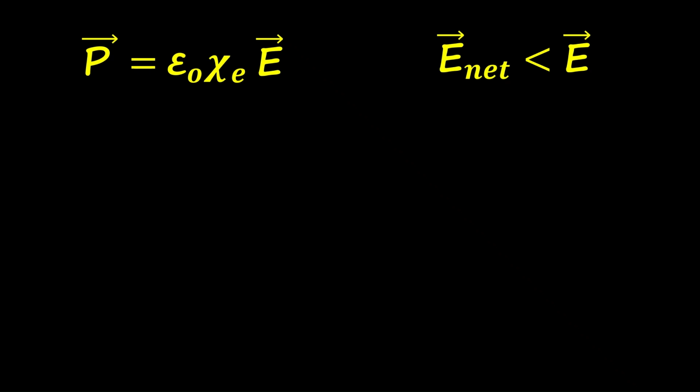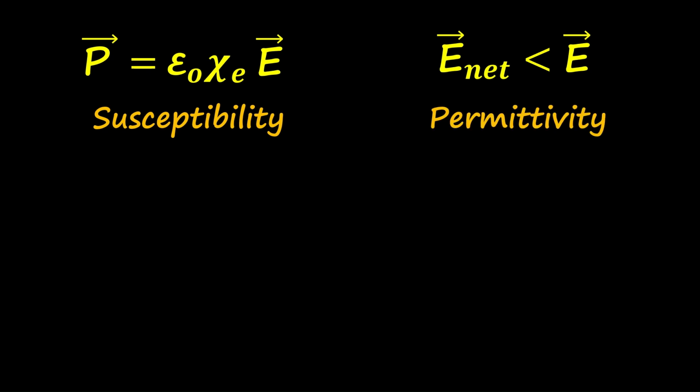One is the generation of a net dipole moment due to the external electric field, and the other one is the reduction of the net electric field inside the dielectric medium. So using these two concepts, let us now define what is susceptibility and what is permittivity.